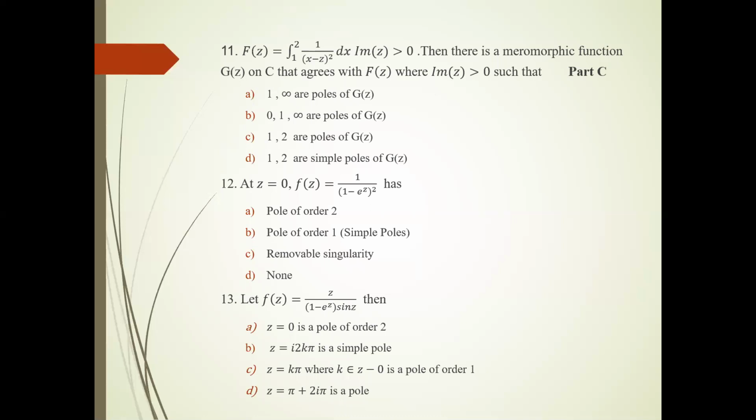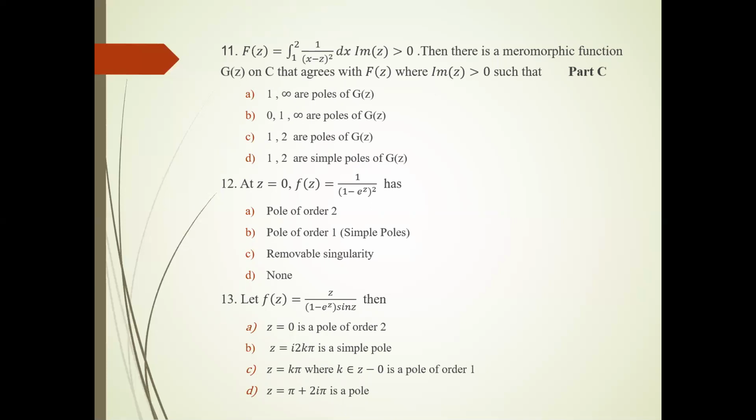Then there is a meromorphic function g(z) on C that agrees with f(z) for imaginary part of z greater than 0, such that, and there are four options. Option A: 1 comma infinity are poles of g(z). Option B: 0, 1, infinity are poles of g(z). Option C: 1, 2 are poles of g(z). Option D: 1, 2 are simple poles of g(z).